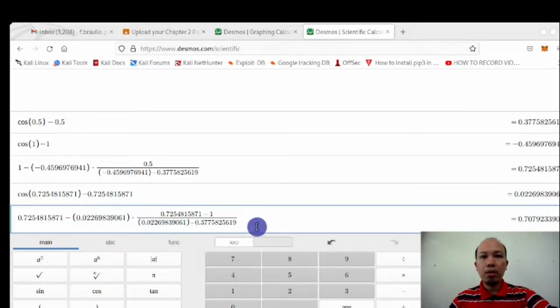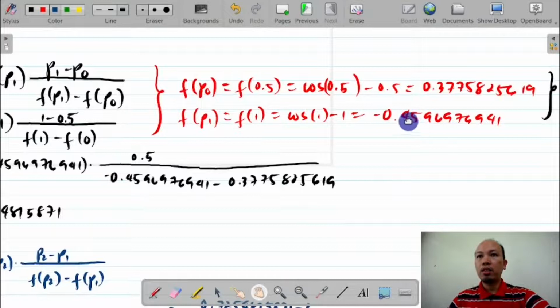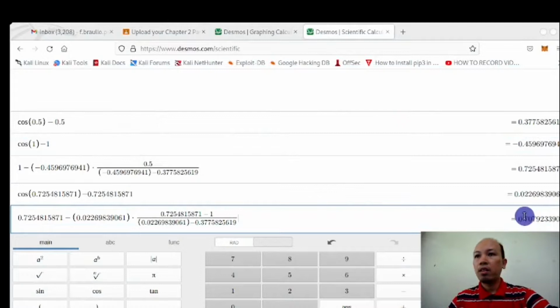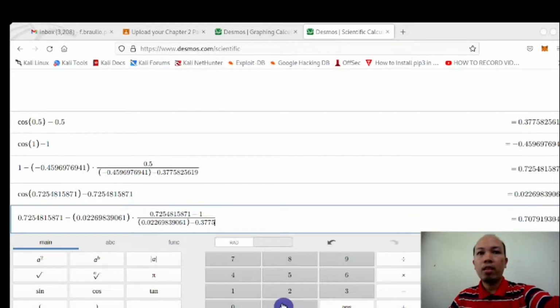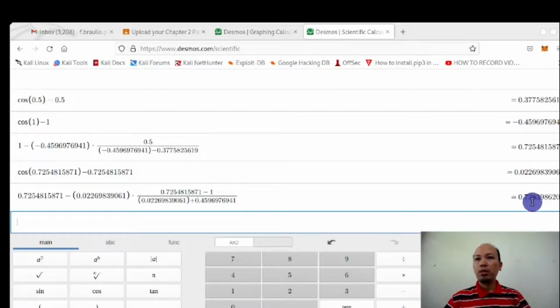And where's our f of 1? f of 1 is this one. Copy, so this is positive 0.45, and hit enter. Okay, so that's our p sub 3.